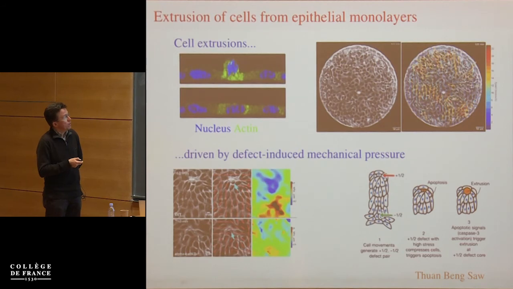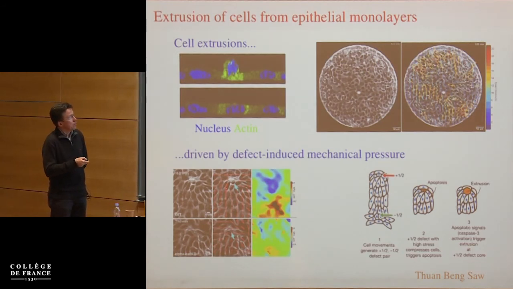Here you can notice that the pattern of the principal direction of the nematic tensor is not arbitrary, but in fact corresponds to a plus 1/2 defect, which Pascal told us about last week. And indeed, the extrusion is localized close to the head of this plus 1/2 defect.